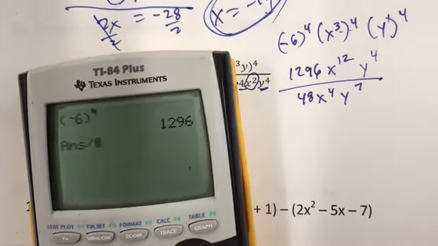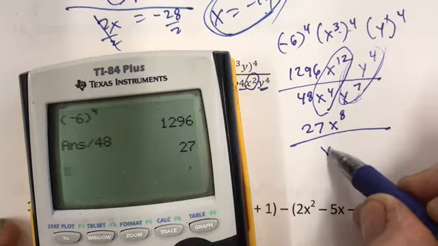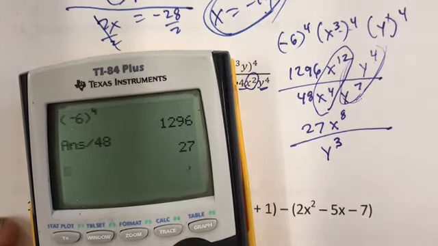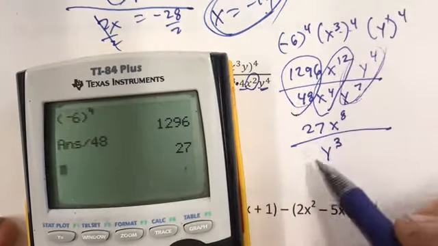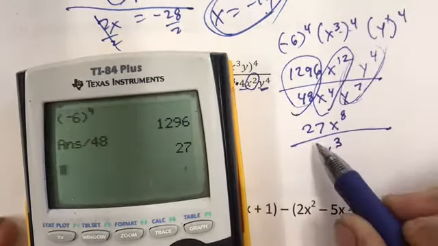So 12 minus 4, that's x to the 8th power. And then when I divide those, I subtract them. So 4 minus 7 is negative 3, which means it's going to go down the bottom as a positive 3. And so that would be my answer there. And like I said, when I divide these, if I get a fraction, like suppose I had 27 over 2, then the 2 would be down here in the bottom. But this is good to go here.